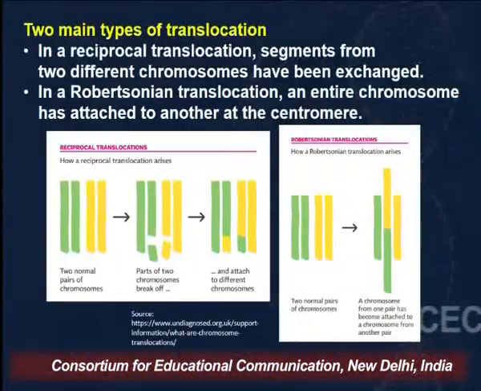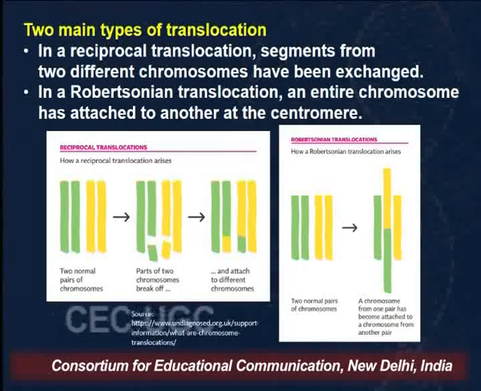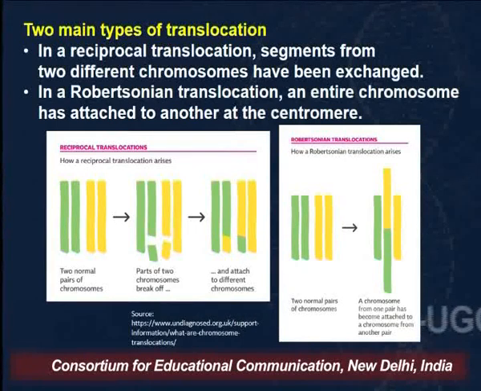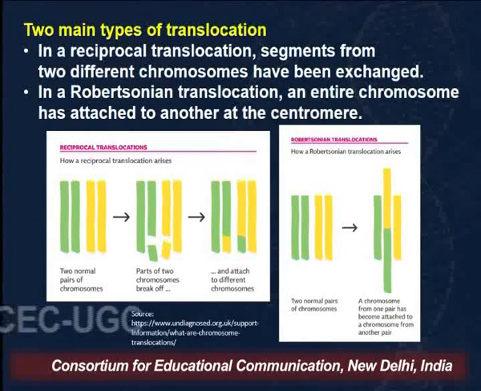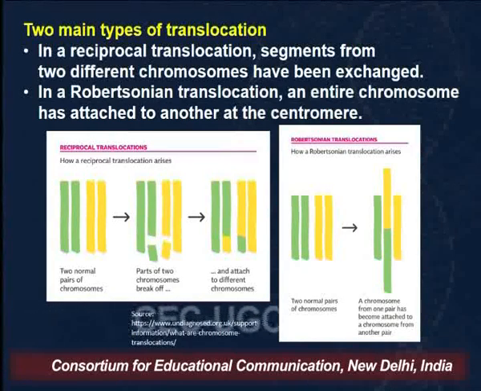Now, if we see the picture over there, the translocation is shown. The translocation has been classified into two major types: one is called the reciprocal translocation, and the other is called the Robertsonian translocation. In the reciprocal translocation, the segments of two chromosomes have been exchanged.